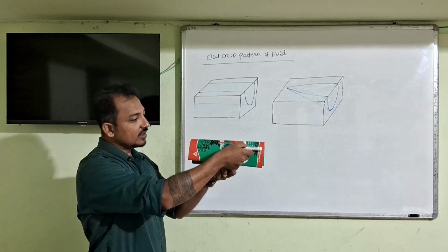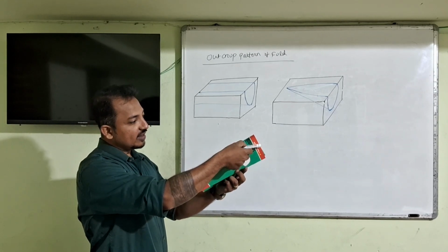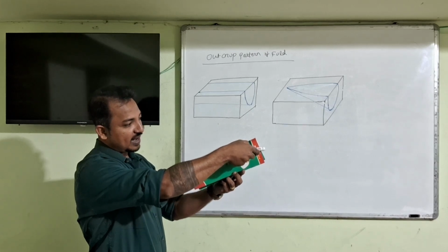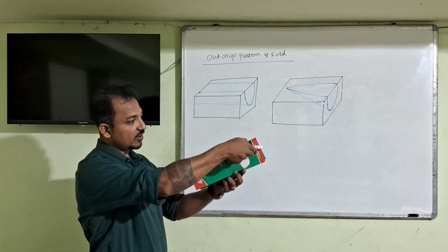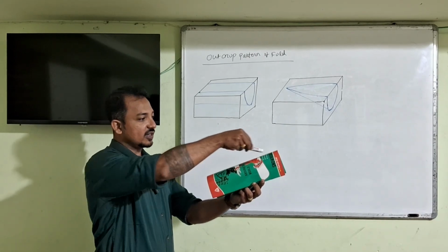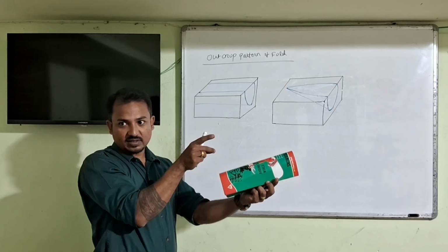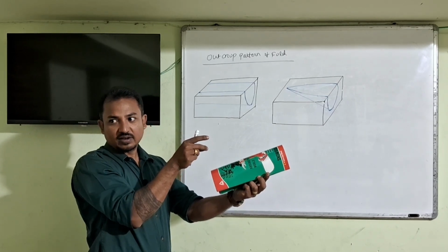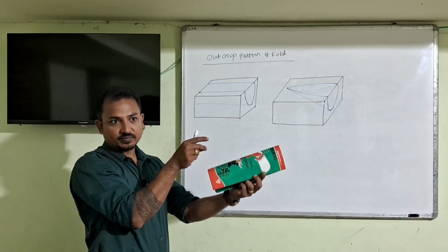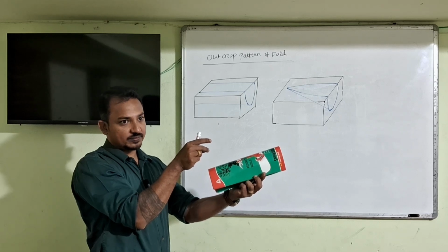If it is inclined, the straight line will remain like this. So you draw a straight line here and a straight line here, and they will converge at this point.